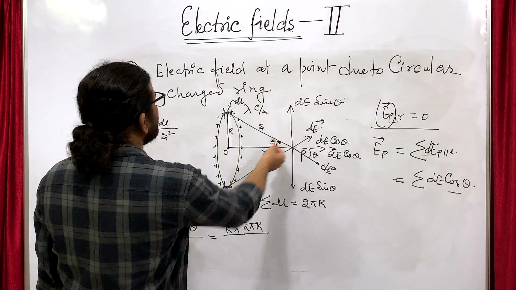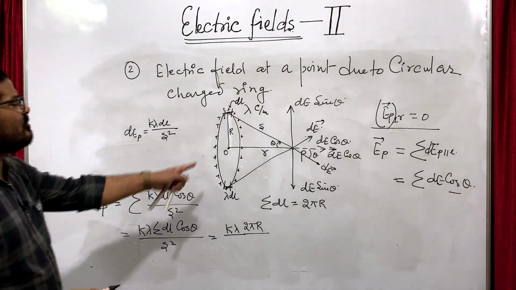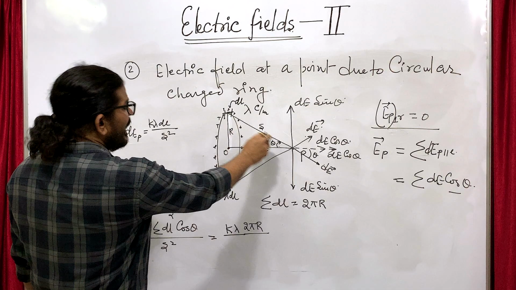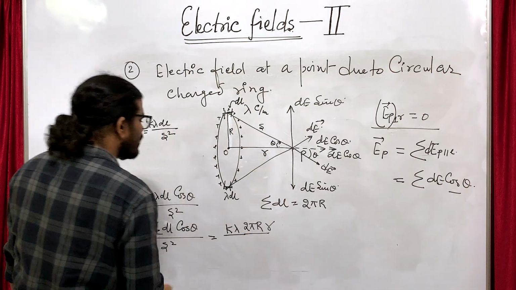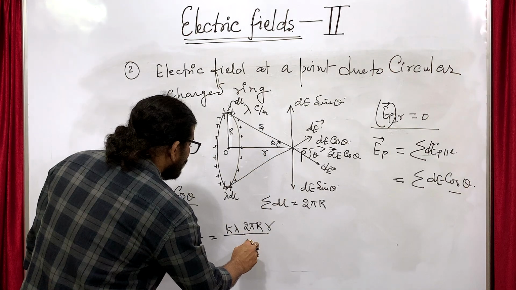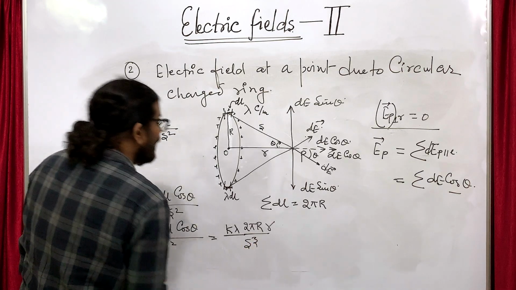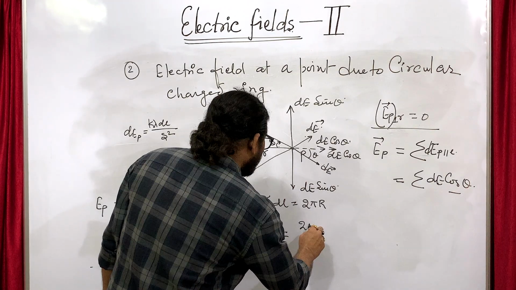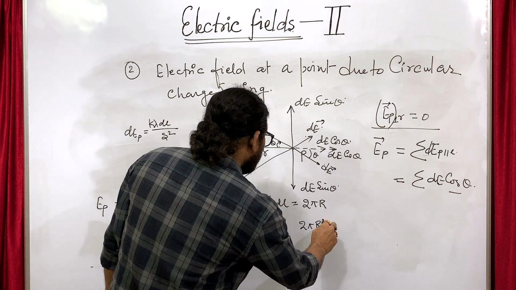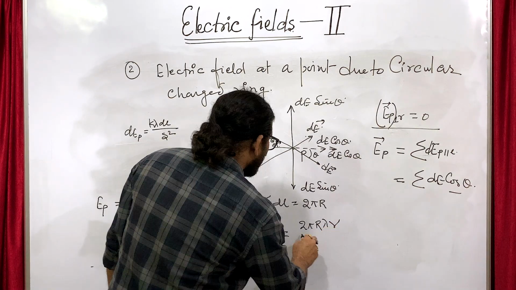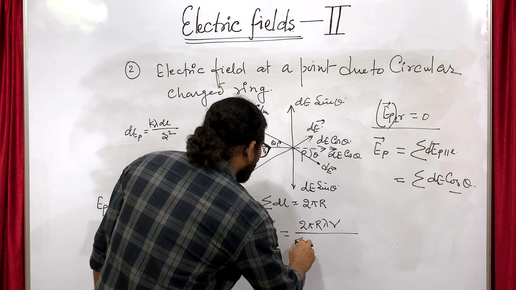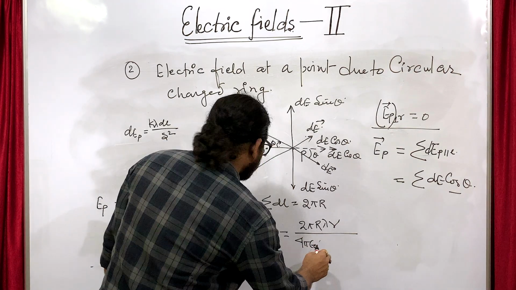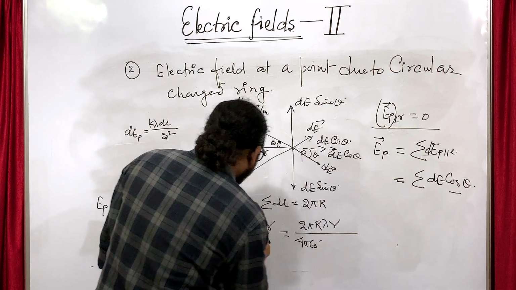From this triangle, cos theta is equal to R by S. So here we can write R divided by S cube. And now 2 pi R into lambda into R divided by 4 pi epsilon naught into S cube.